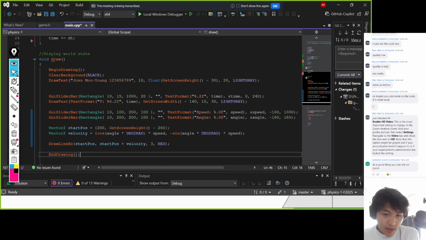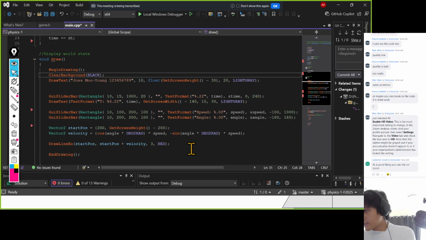Let me go into the repo and commit that I have a partial solution to lab exercise 1. I'm going to commit that. Great. Now I can keep working.